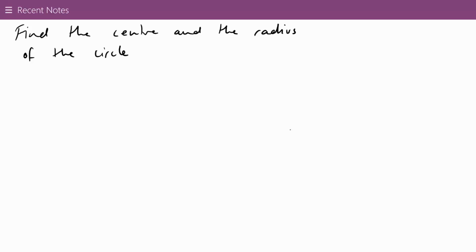Let's have a look at an example. Find the center and the radius of the circle represented by each equation.